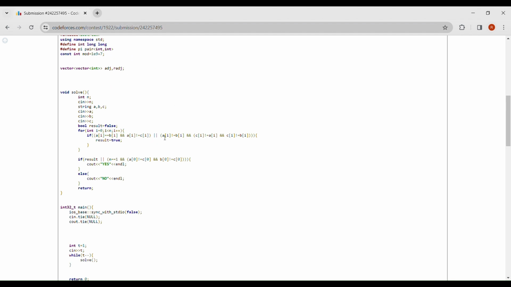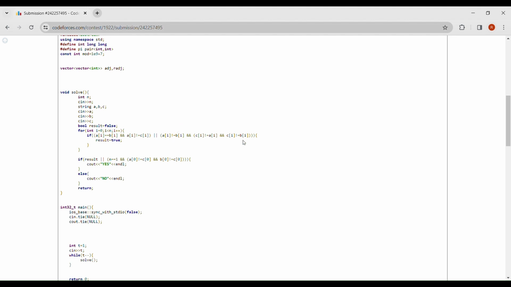So what we check is: if A and B are not equal, then we check whether the C character is not equal to A and B. If this condition also holds, then we can place the capital letter equal to the C character.